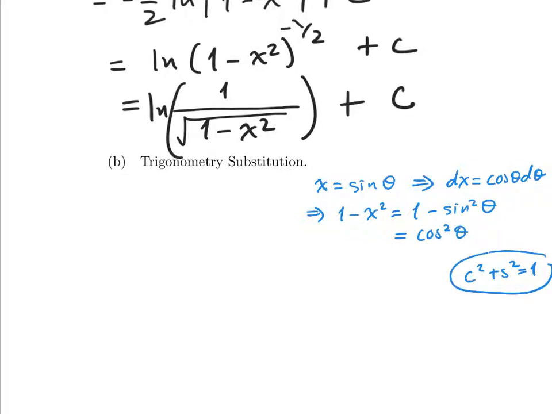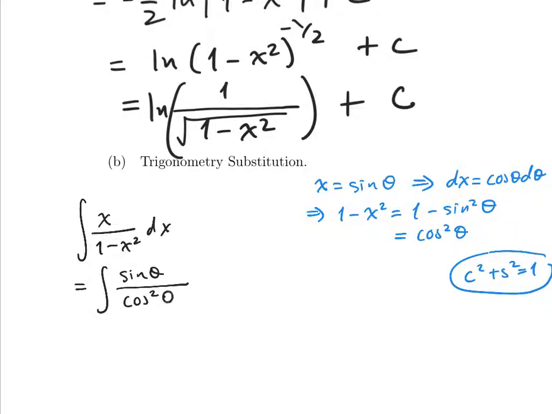So then if we do that substitution, our integral, which is this, is the same thing as x, which is sine theta, over 1 minus x squared, which is cosine squared theta, times dx, which is cosine theta d theta.